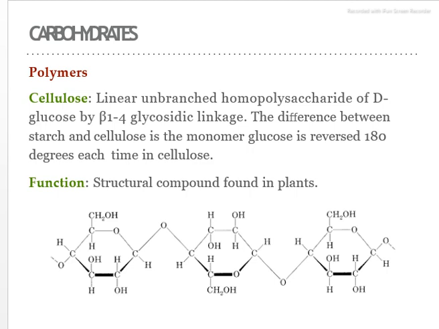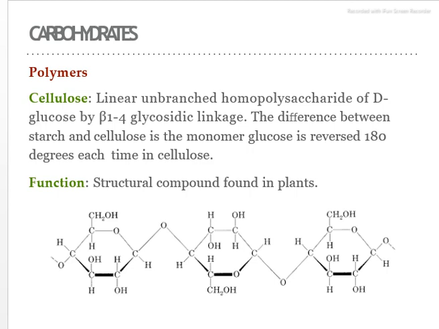So till now we have just discussed the homopolysaccharides. Let's discuss the heteropolysaccharides. Heteropolysaccharides means it is formed by more than one type of monosaccharide. The main example of heteropolysaccharide is the glycosaminoglycans, or GAGs.